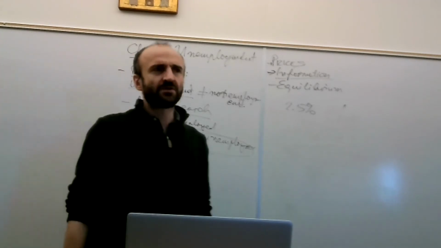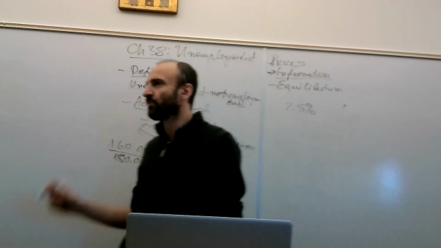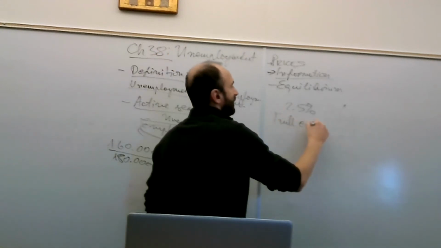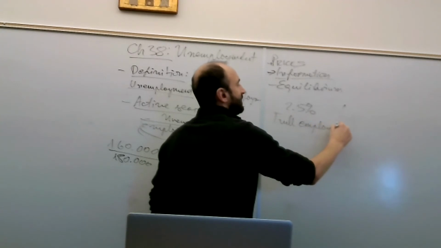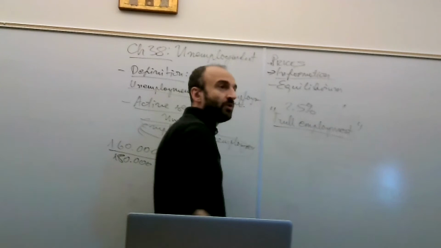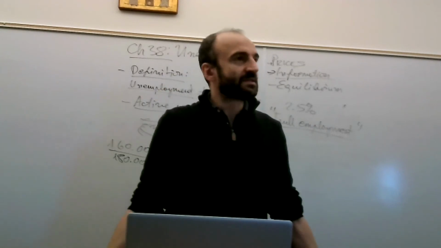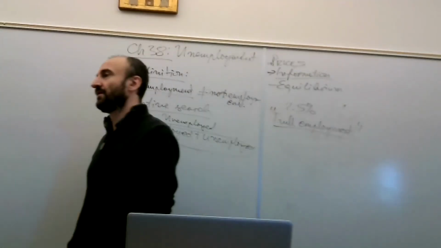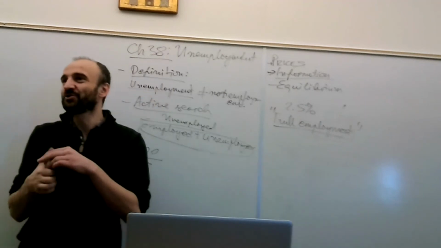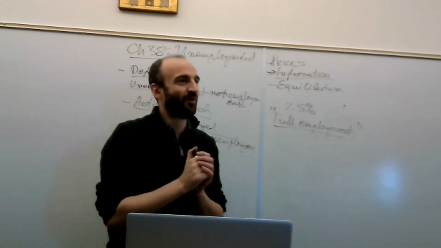Why not zero? Full employment, you know, our economy is at full employment. Why do people talk about full employment and still we know that it's never going to be 0%? Why is the actual unemployment rate never zero?